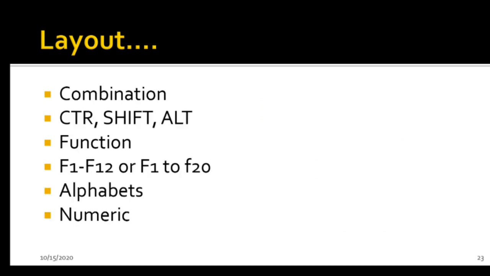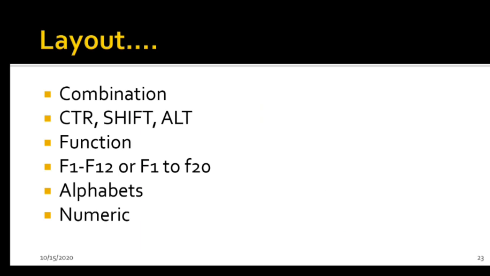When you see the keyboard, you will find a standard key pattern. On the first row of alphabetic keys, you will find QWERTY. In the second row you will find ASD, and in the third row you will find ZXC, and the space bar is there on the keyboard. Then a few combination keys are there like Control, Shift and Alt. Then function keys are there. Normally function keys are either 12 or 20 based on the type of keyboard you are using.